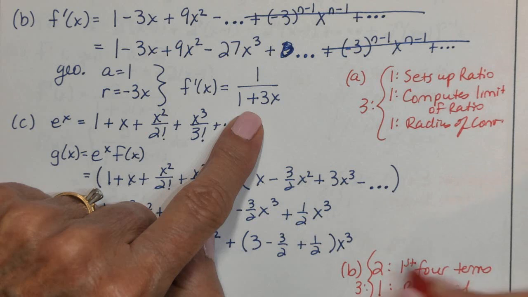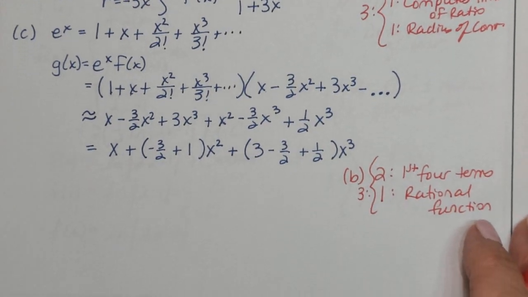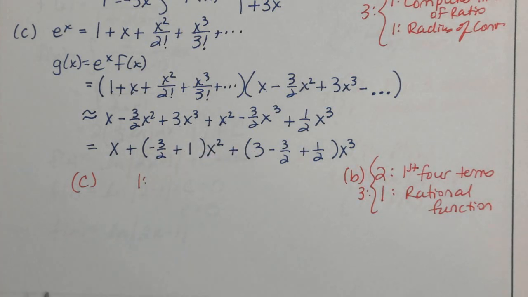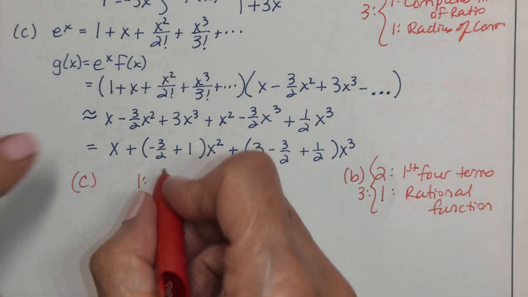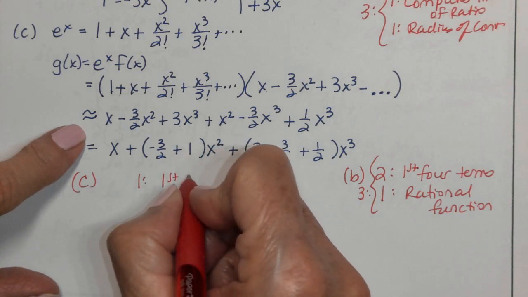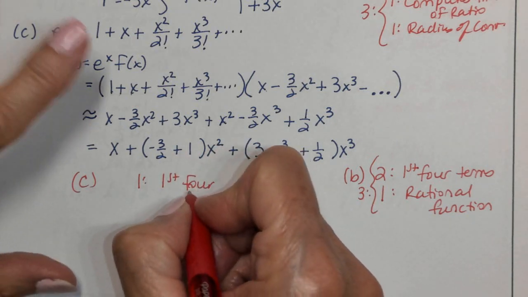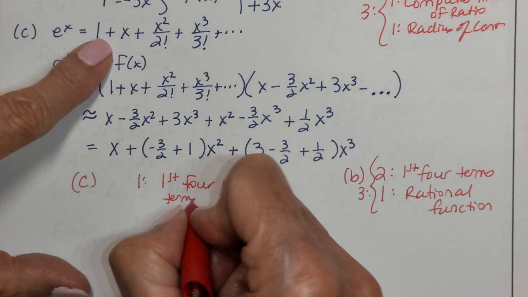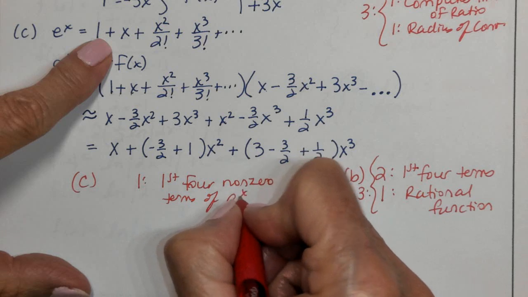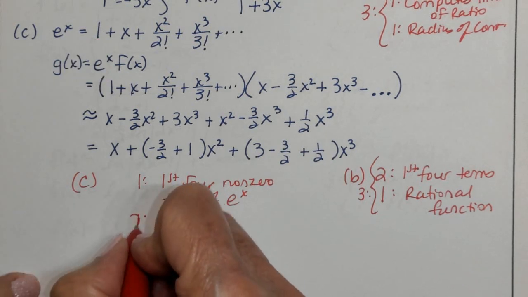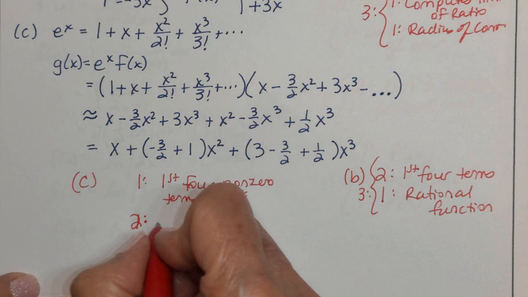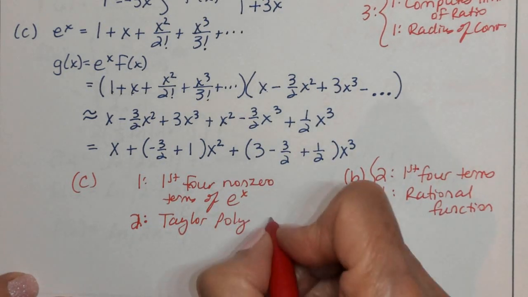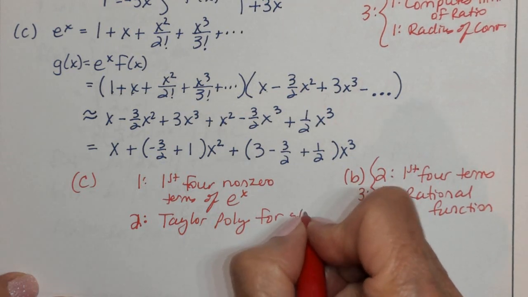So 3 points for part B. Part C. 1 point was just for the first 4 non-zero terms for e to the x. And then 2 points were for the Taylor polynomial for g of x.